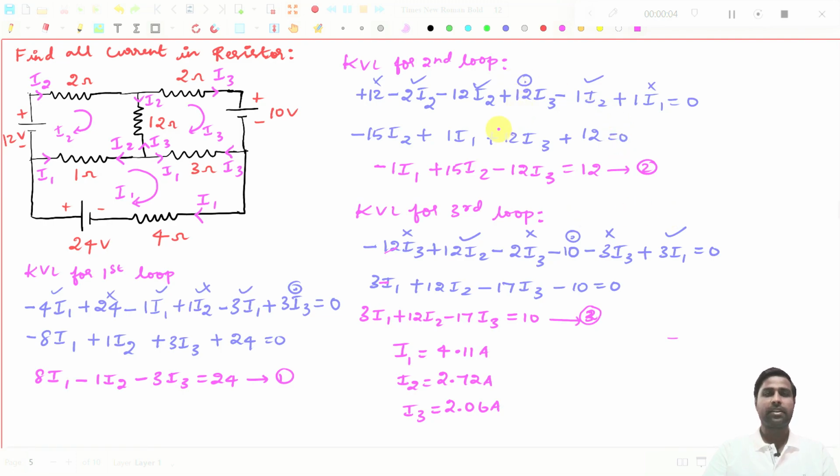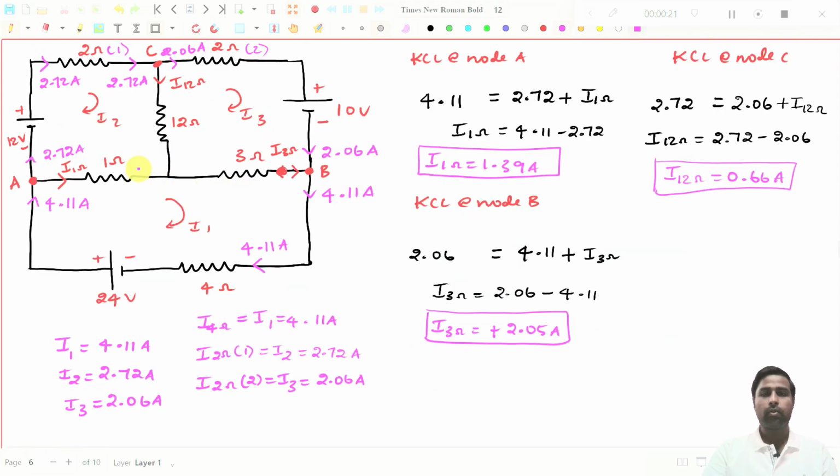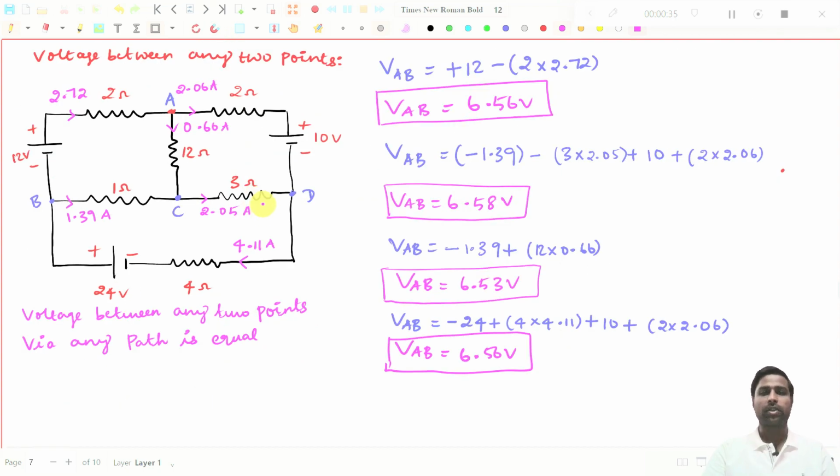This is the third lecture, and we have taken a problem in the last lecture, and this is that problem. It has three loops, and we have found I1, I2, I3 by using KVL expressions. We have also found the current in all resistors by using KCLs, and we have taken a very important concept: voltage between any 2 points.